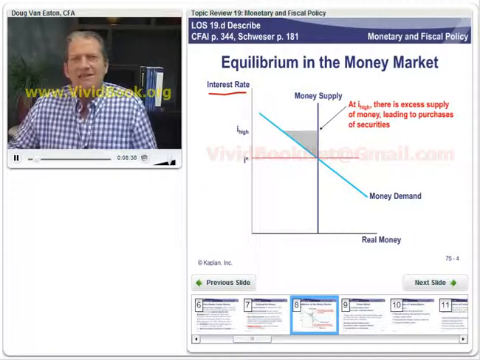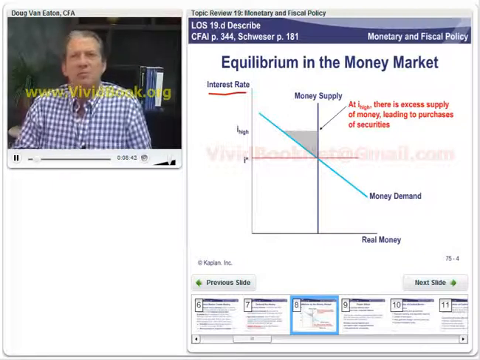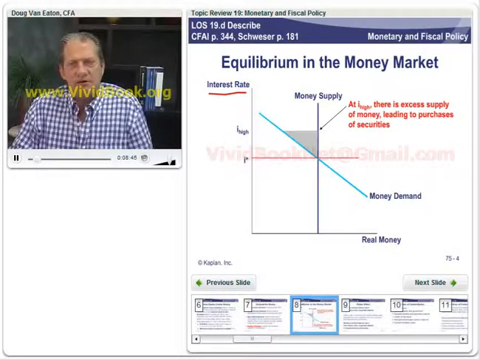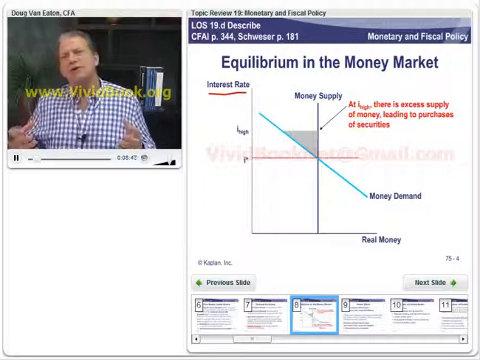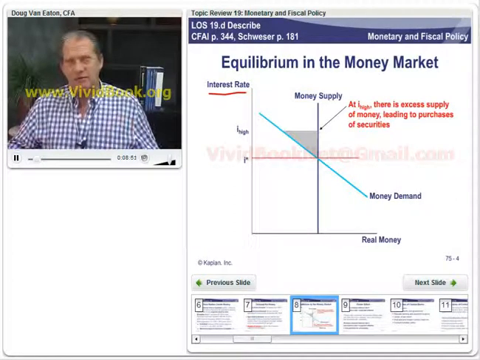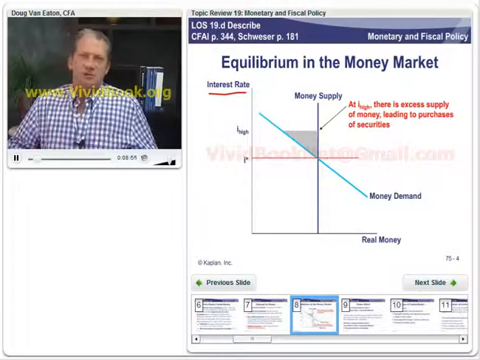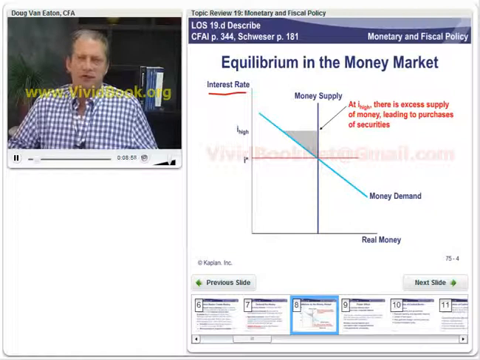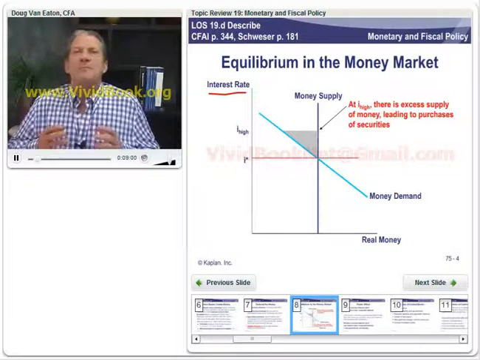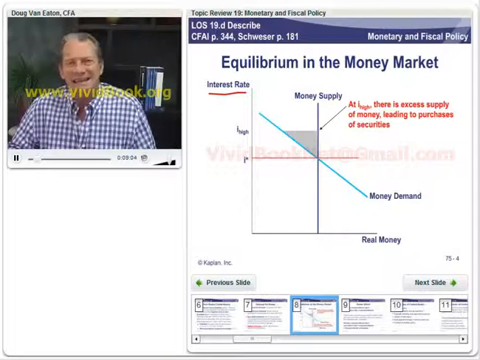Well, at this higher interest rate, you see there's an excess supply of money. So people are holding more money than they're willing to hold at that higher interest rate. So what happens? Well, they try to get rid of this money. How do they get rid of it? Well, these high interest rates cause them to, let's say, buy bonds, buy interest-bearing securities.